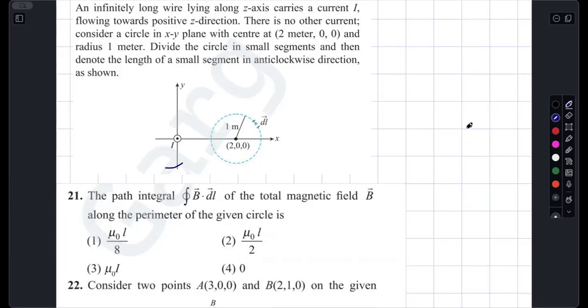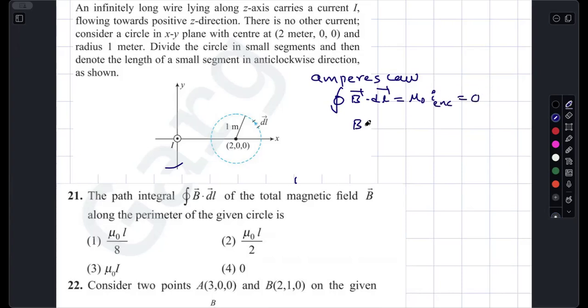Why is it 0? First of all, it is not enclosing any current. You have only one current carrying source and that too outside. So therefore, according to Ampere's law, integral B bar dot dL bar is equal to mu naught times I enclosed, which is equal to 0.